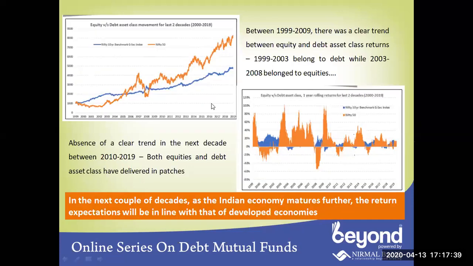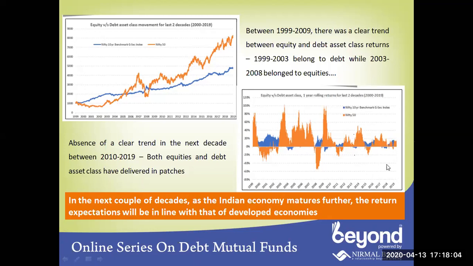These two very simple charts show that from 2008 onwards we are not seeing any clear trend from the equity and debt side. That is why investors invest in debt mutual funds. One reason is steady performance, and second, equity and debt are mostly negatively correlated.